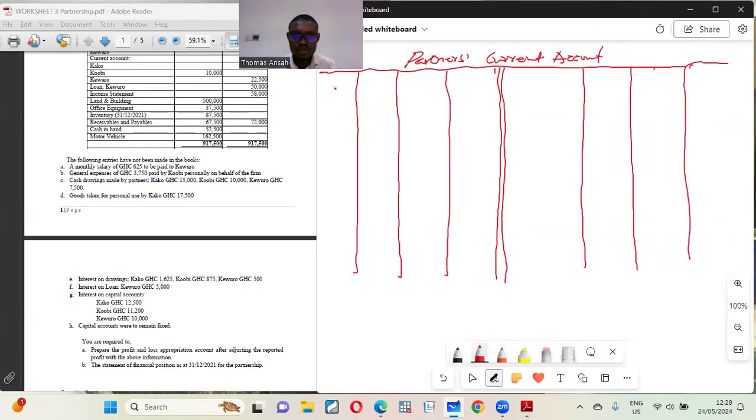Yes. So I draw and I put here Kako, Kobe, then Kehuro. Kako, Kobe, and Kehuro. All right, so I put out my currency signs.